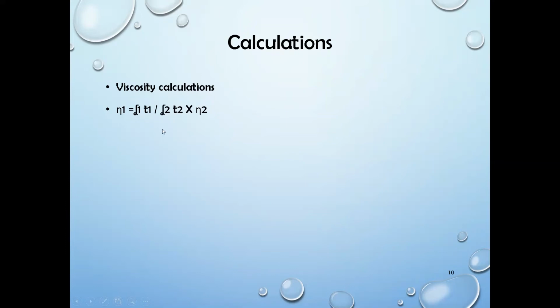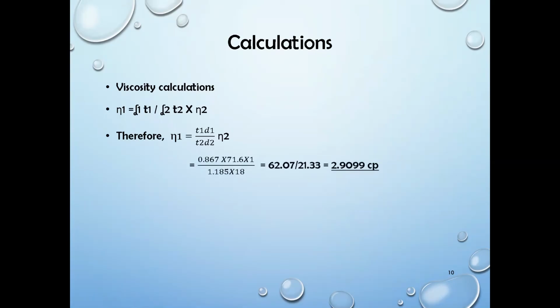So as per the equation, eta 1 is equal to rho 1 T1 divided by rho 2 T2 into eta 2. So in short, we can write it as T1 D1 divided by T2 D2 into eta 2.